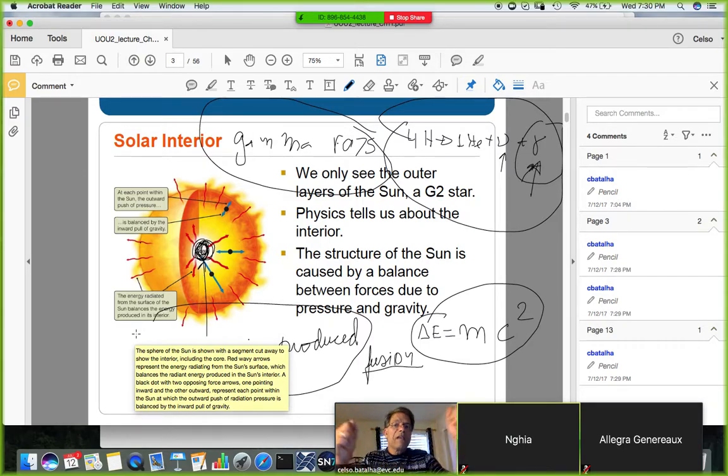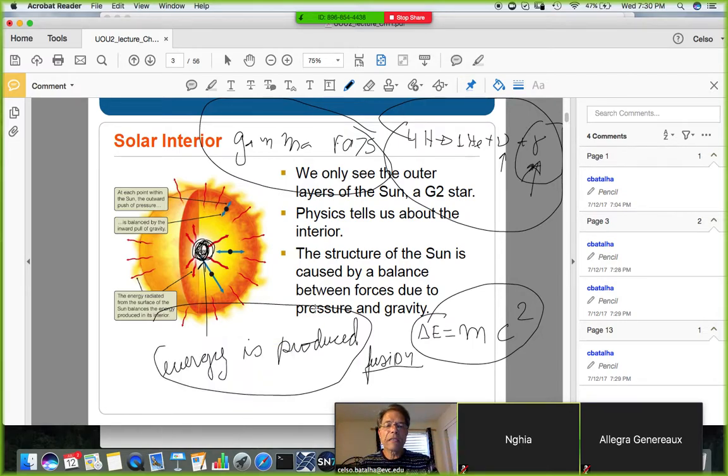So you have this source of energy that keeps the sun stable. We call the balance between the two forces, one the result of gas pressure, the other the inward pull of gravity, hydrostatic equilibrium.